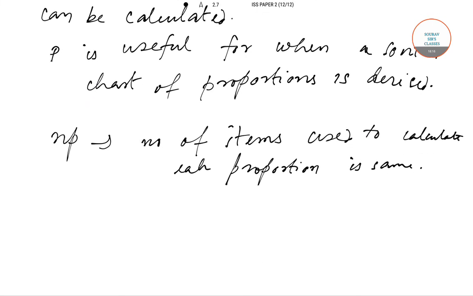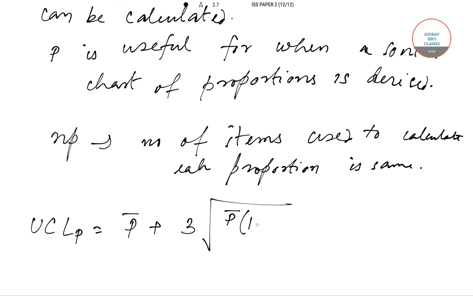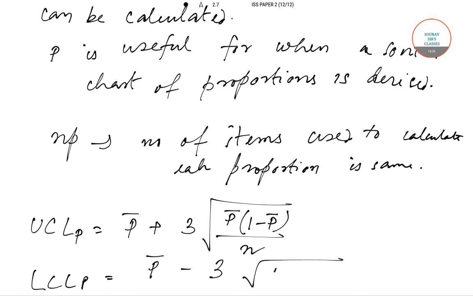Now, control limits of P chart. UCLP is P bar plus 3 root over P bar multiplied by 1 minus P bar by n. LCLP is equal to P bar minus 3 root over P bar multiplied by 1 minus P bar by n.